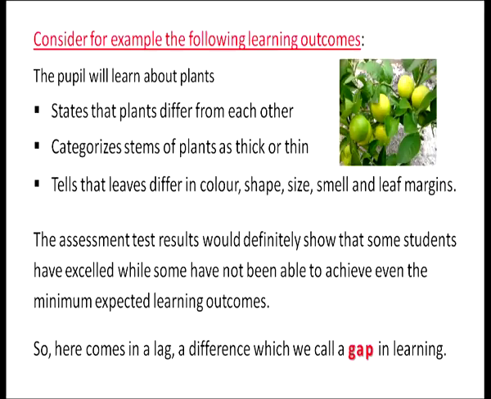But now when the teacher goes into the phase of assessment, the teacher may ask a child a question, cite examples of those plants that have a thick stem, and the child may not be able to do it. Or the teacher may say, cite examples of plants that have very thin flimsy stems.